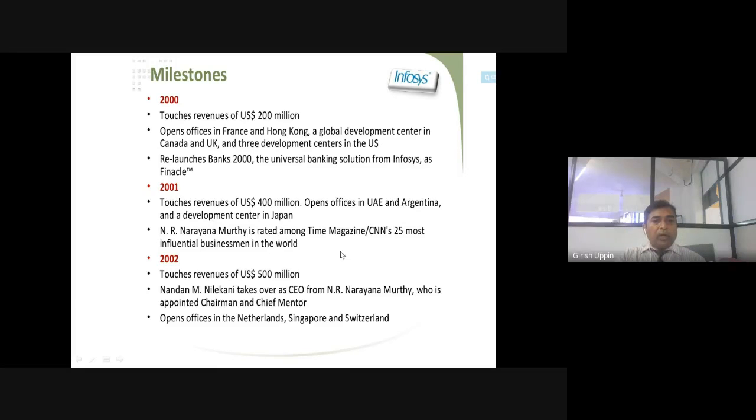N.R. Narayan Murthy is rated among the Time magazine, CNN's 25 most influential businessmen in the world. In 2002, the revenue touches $500 million. Now, in 2002, Nandan Nilekani takes over as the CEO from Narayan Murthy.